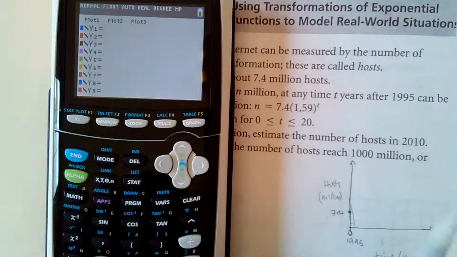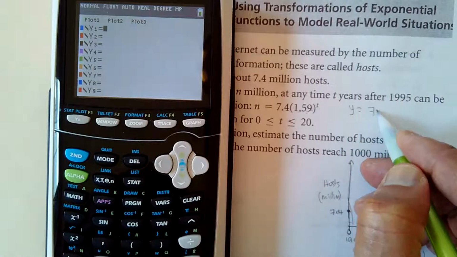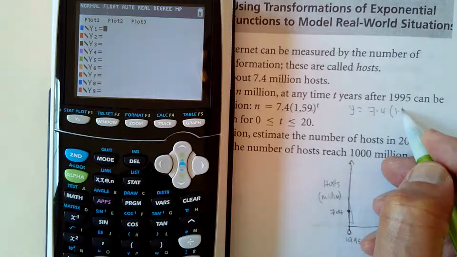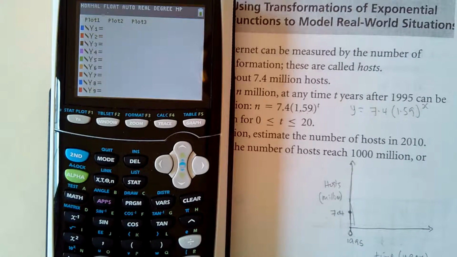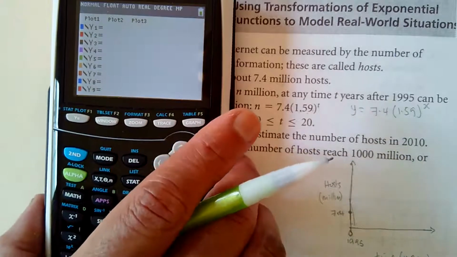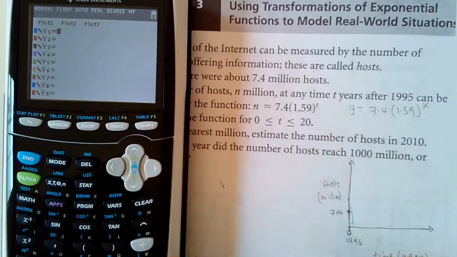So y1 is equal to 7.4 times 1.59 to the x. So my calculator will follow through with this. Okay, let's go. 7.4, bracket.